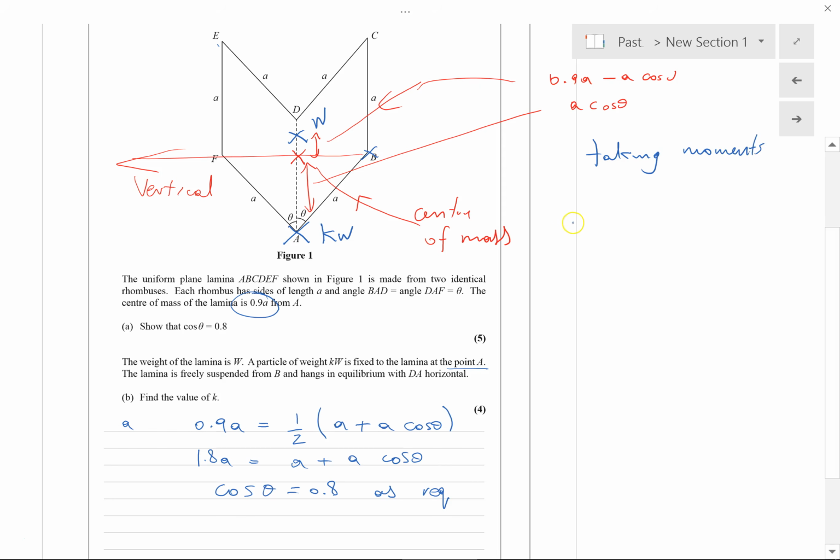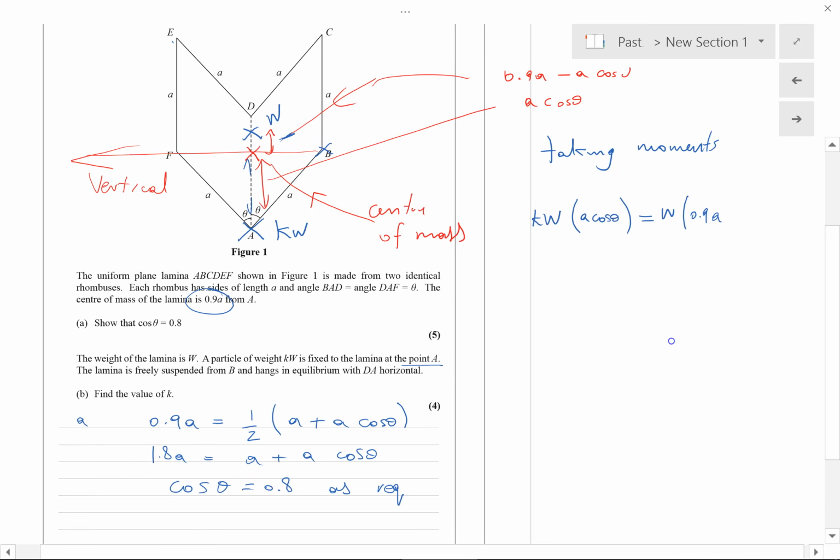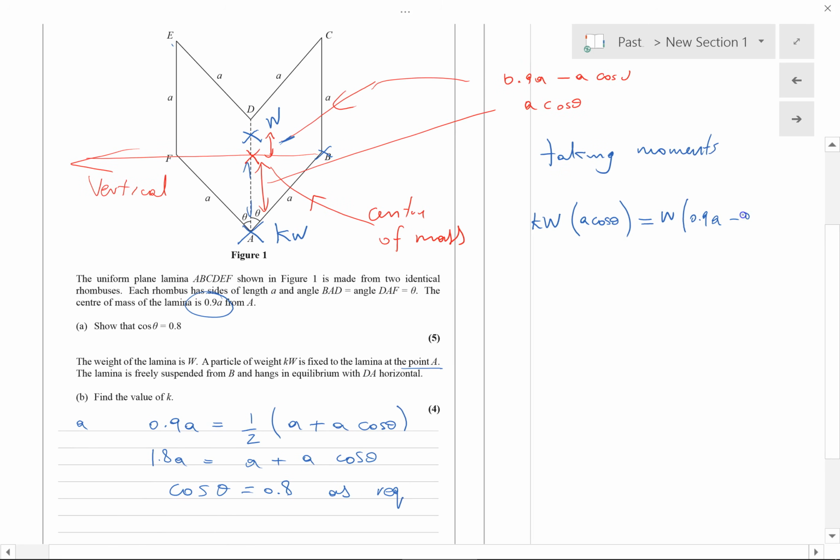We can say that kW times the distance here that we've worked out, which is a cos theta, equals W times this small distance that we've worked out here, which is 0.9a minus a cos theta. I'm saying W half the time.